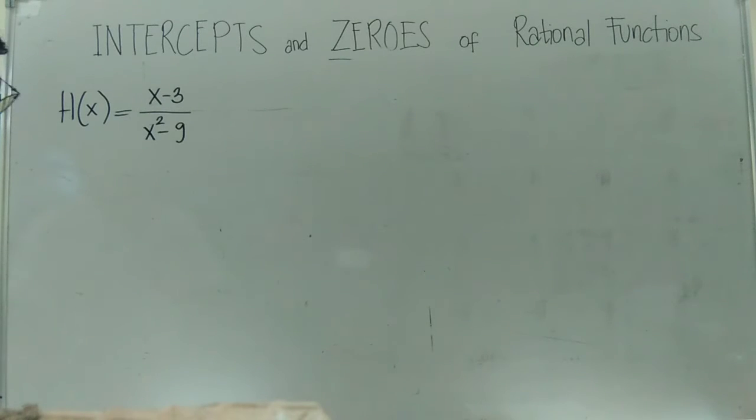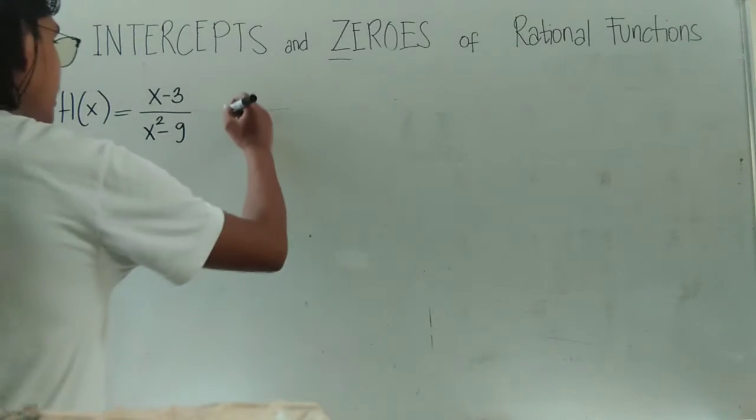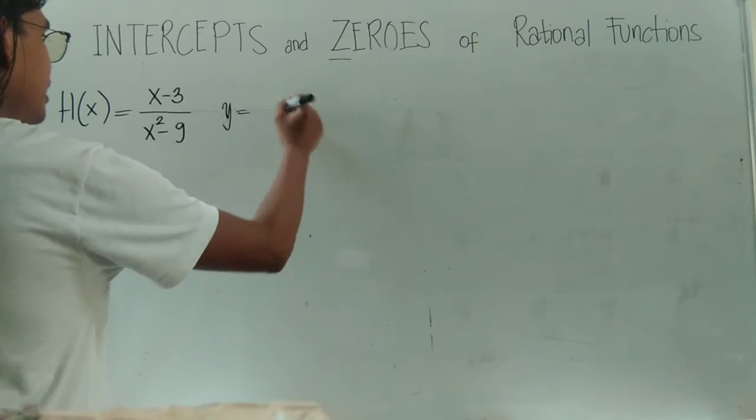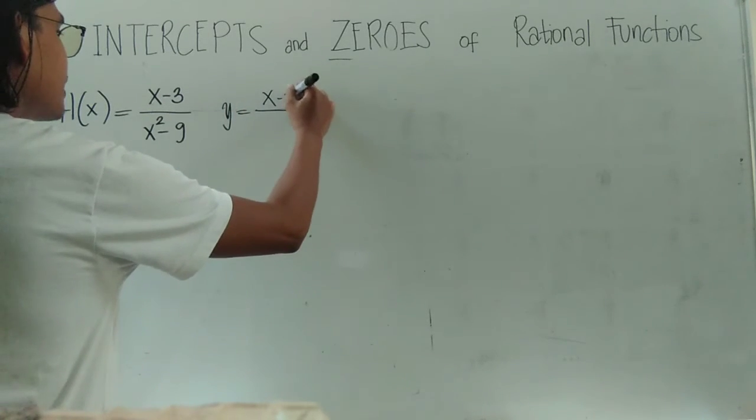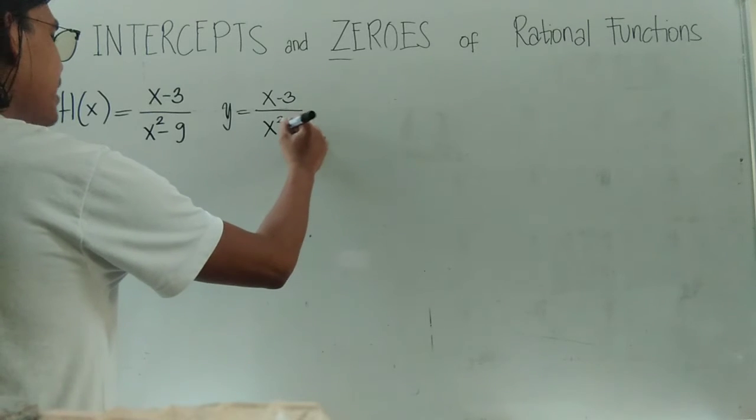Okay, so let us have another example of computing your x and y intercepts and zeros of your rational function. On the board you have a function h of x equals x minus 3 over x squared minus 9. So let us put it in the form of y equals x minus 3 over x squared minus 9.